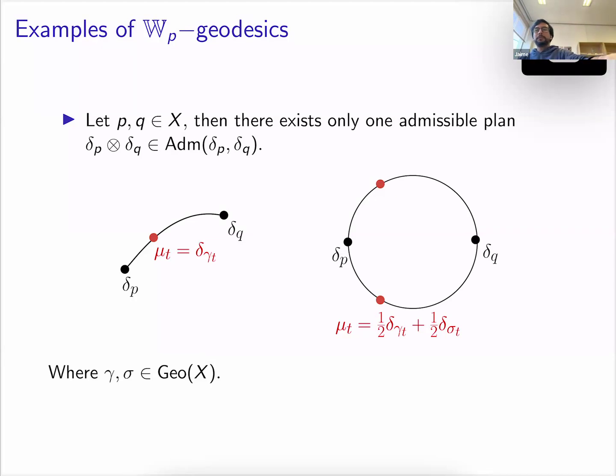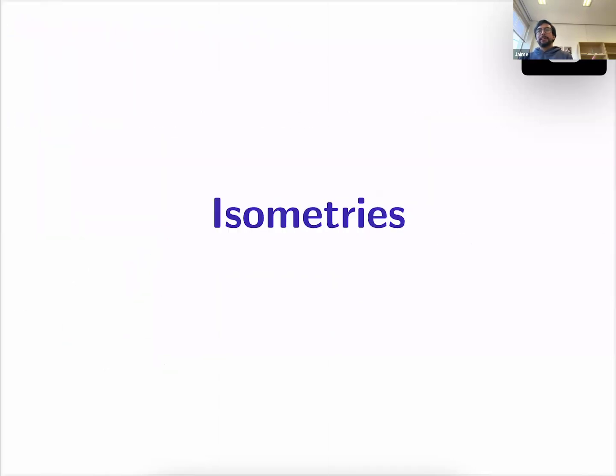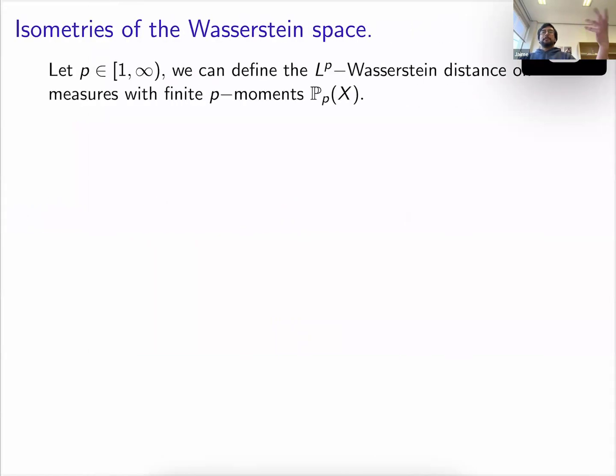So that's with respect to geodesics. Now, once I have all of these nice features, I can go on to isometries of these spaces, since they're a metric space on their own. Maybe we can talk about that. So again, I can take p greater or equal than 1 and define the L^p Wasserstein distance on measures with finite p moments.